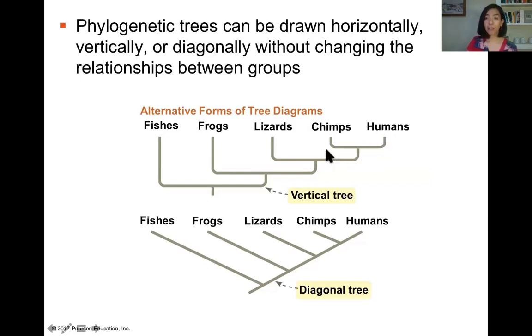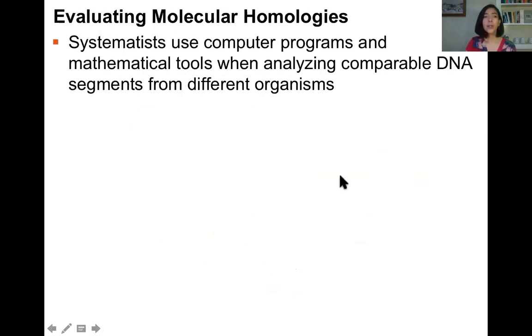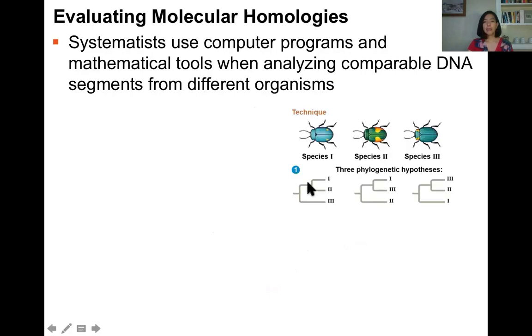Rather, there was an ancestor from which these two lineages evolved. Now, let's talk about systematics and the need of using different types of information. We could use mathematical tools and computer programs to analyze sequences of DNA or morphology or other types of traits.